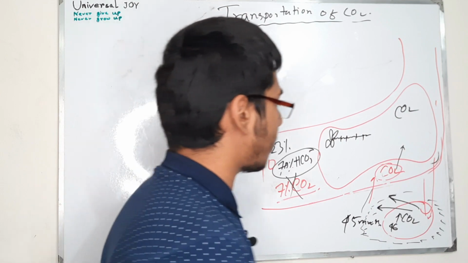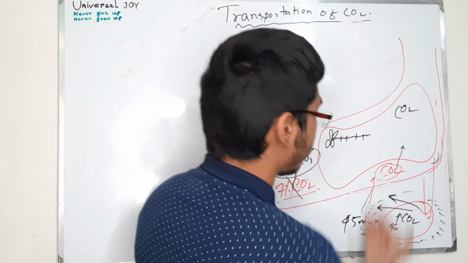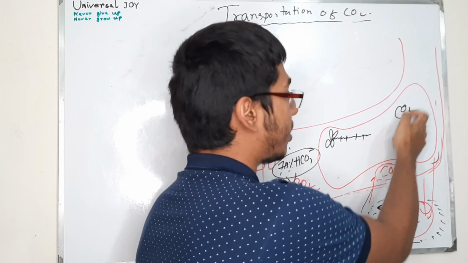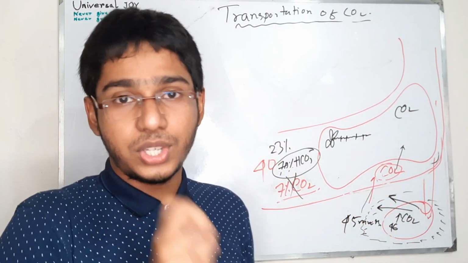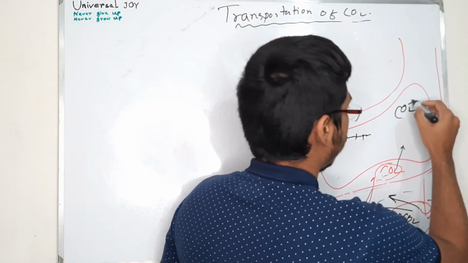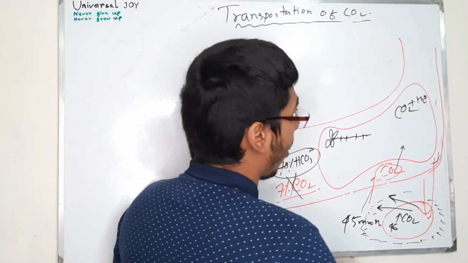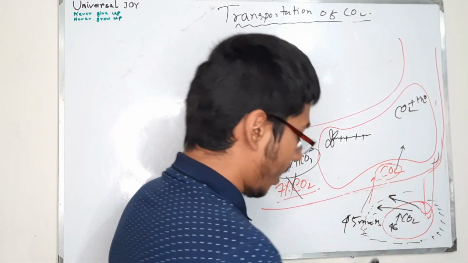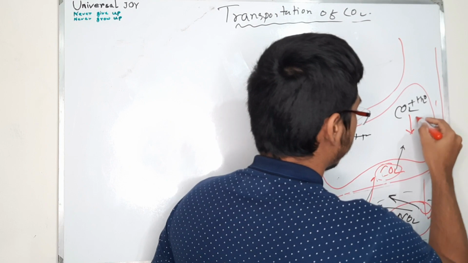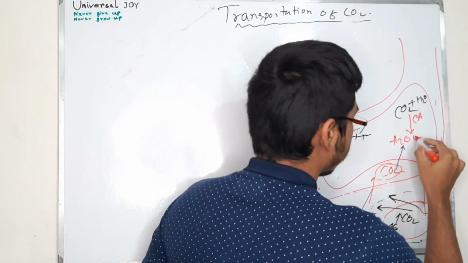Now as carbon dioxide is highly lipid soluble, it penetrates the membrane of the RBC and enters directly into the RBC, and within the RBC it binds with the H2O, which is found locally, and in combination of both this H2O and CO2, in the presence of an enzyme known as carbonic anhydrase, it produces carbonic acid.